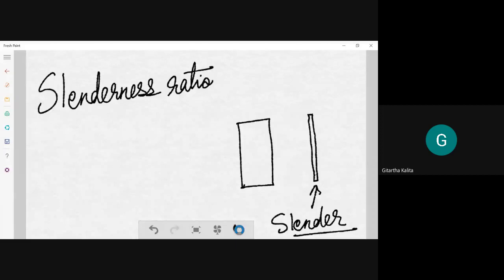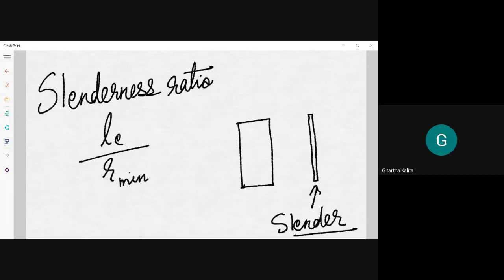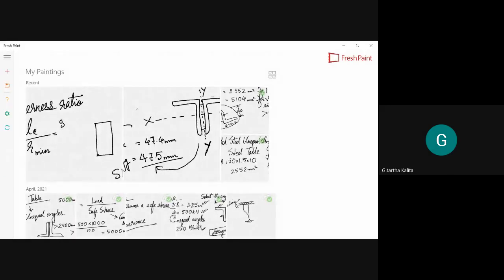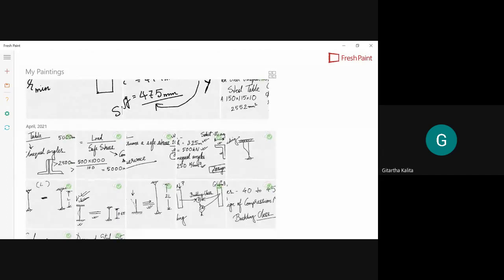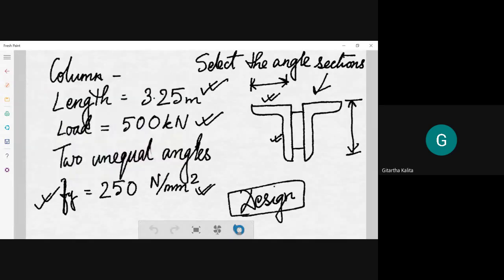So how do we find it? We find it by the formula: effective length divided by minimum radius of gyration. Effective length we already know, it is given in the question. Let me just check it once again. In the question, it is written as effective length.